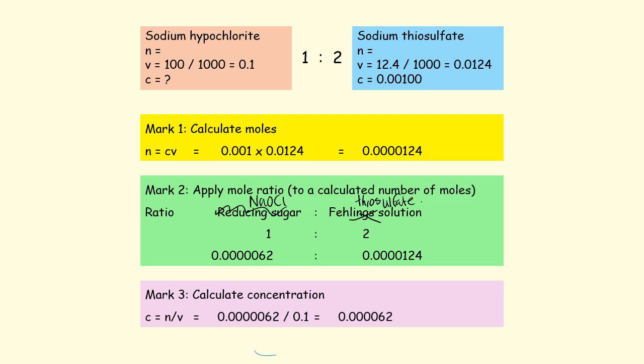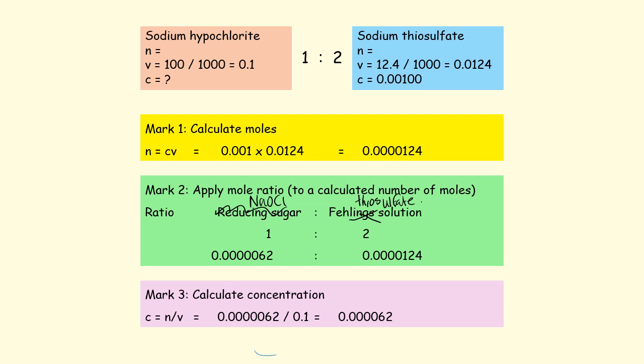So just be cautious of that, and always ask yourself if it makes sense for that concentration. Concentrations should always be no higher than 2, but they can be very, very close to 0.